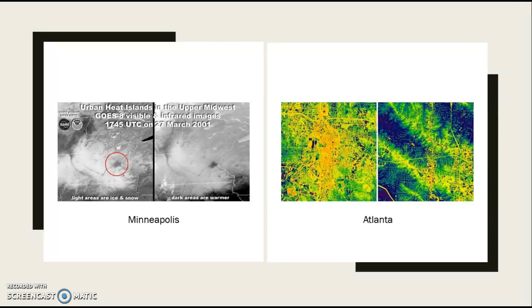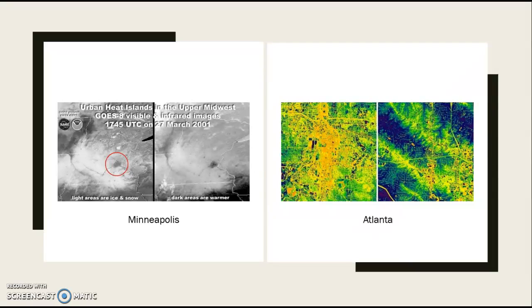On the left here we have an image of Minneapolis, and the dark areas are the warmer spots and the light areas are indicating ice and snow. So as you can see, the highways and the actual city itself have much hotter temperatures than everywhere else, and this is because of the human activity and the infrared energy being absorbed by concrete.